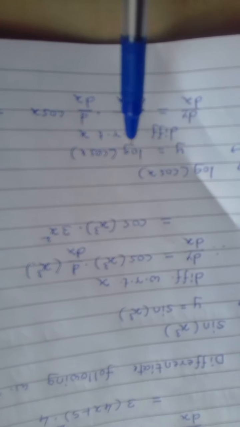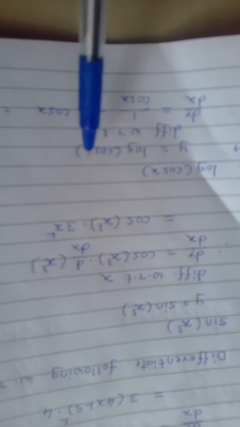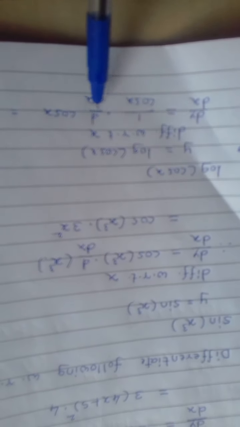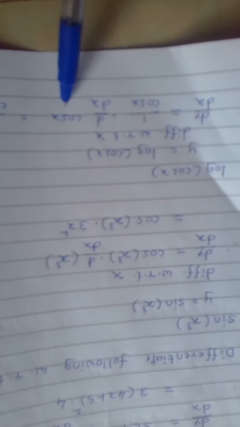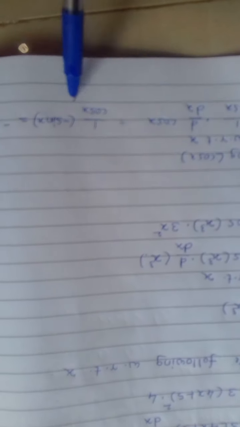We discussed this in 11th standard. Therefore the derivative of log of cos x is 1 upon cos x into d by dx of cos x. The derivative of cos x is minus sin x. Therefore finally it becomes minus sin upon cos, meaning minus tan x.